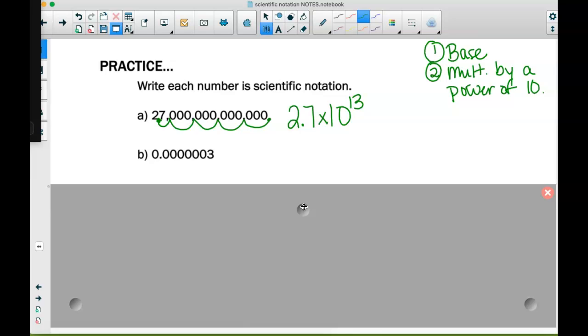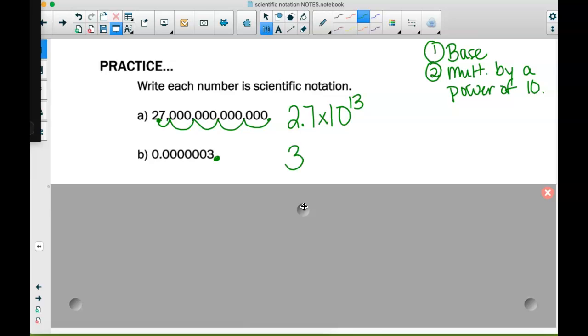Where should I move the decimal to? If I need a number between 1 and 10, where should the decimal go? After the 3. After the 3.